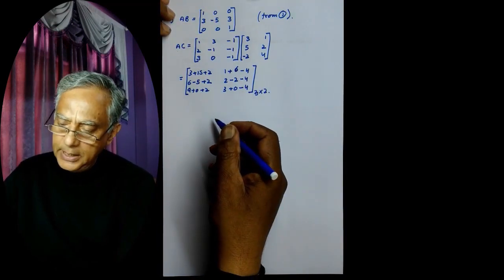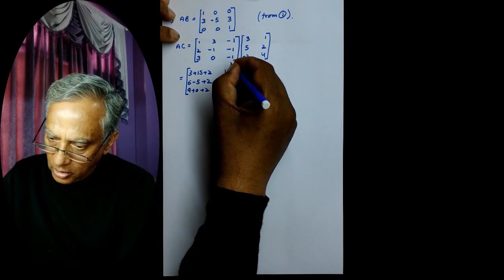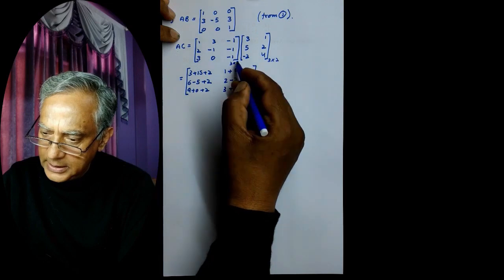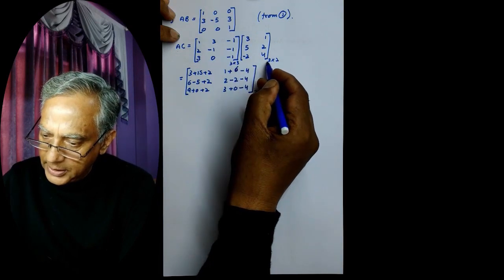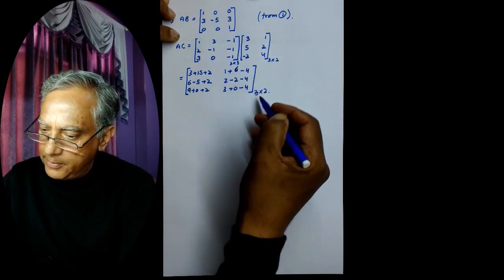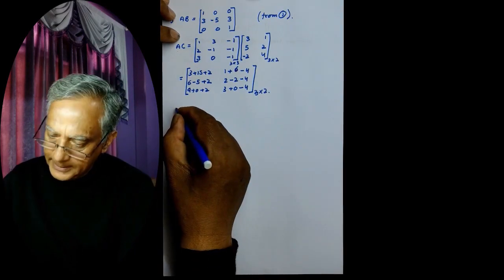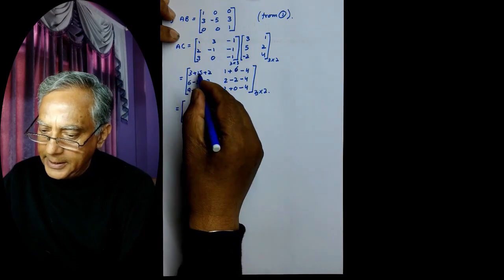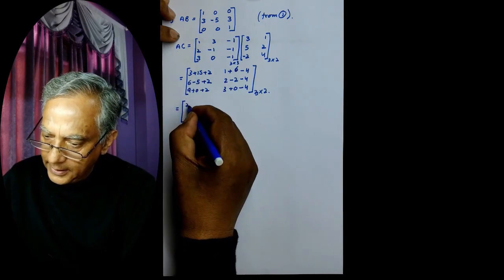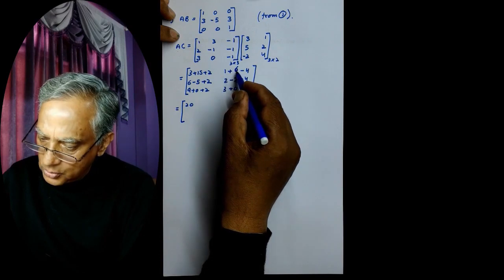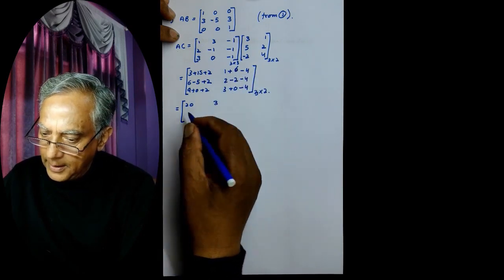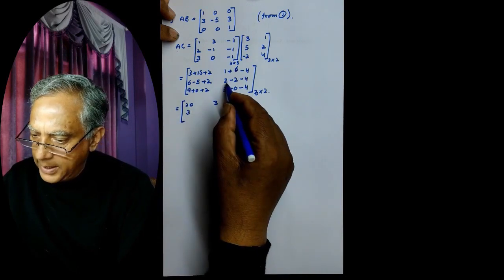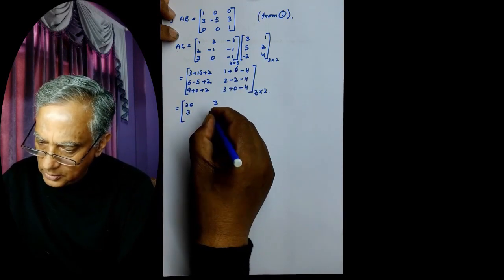This is a 3 cross 2 matrix. The order of this is 3 cross 3. Order of this is 3 cross 2. So the compatibility condition is satisfied and the result will be a 3 cross 2 matrix. And this is equal to, now this is 18 plus 2, 20. This is 7 minus 4 is 3. 8 minus 5 is 3. 2 minus 2 is 0 minus 4.